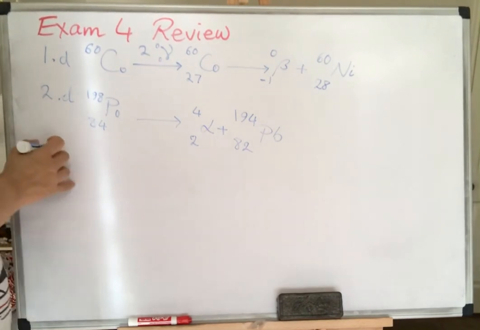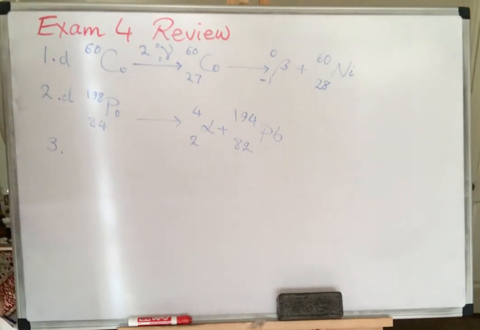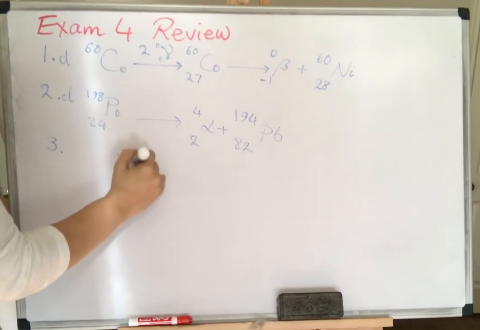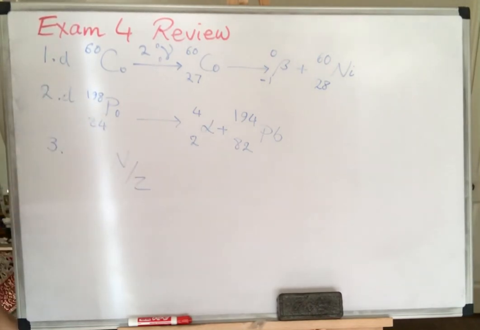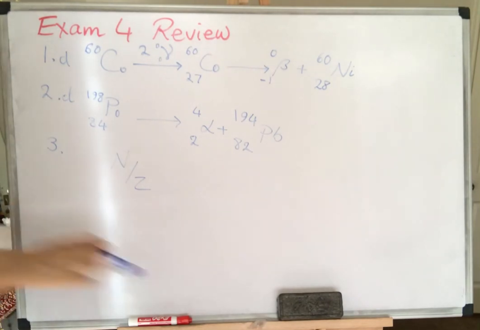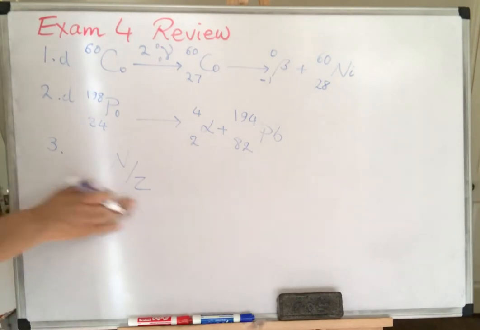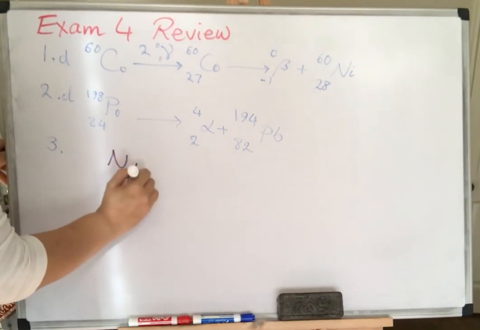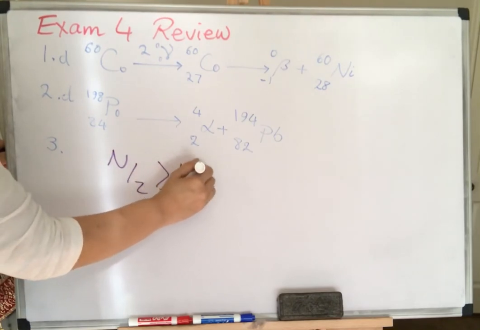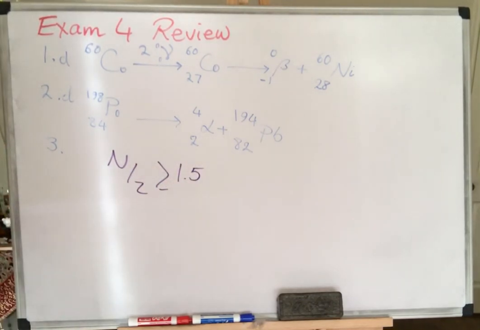For number 3, the question is saying which of the following nuclides is most likely to be radioactive? In order for a nuclide to be radioactive, we must go to the ratio of N to Z. You must pay attention to this. The ratio of N to Z must be equal or greater than 1.5 according to what you had.